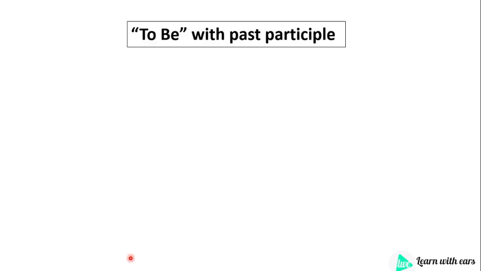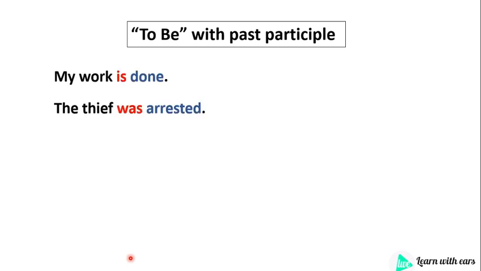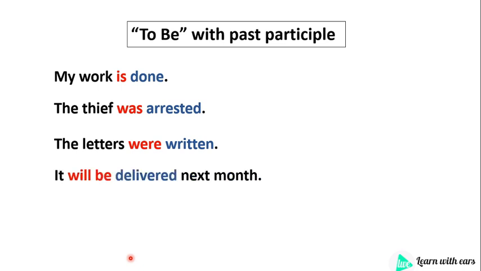Now let's see the verb to be with past participle by some examples. My work is done. The thief was arrested. The letters were written. It will be delivered next month. My watch has been broken.